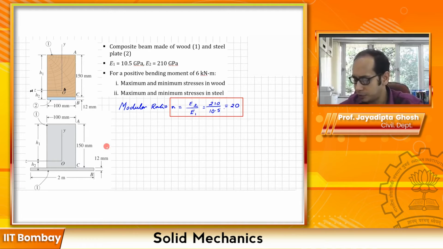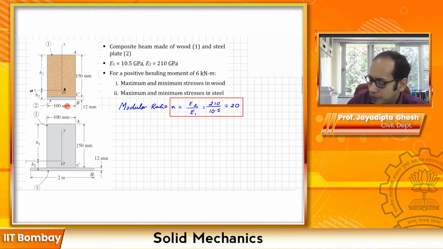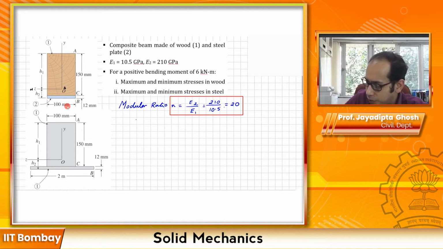So you see in the transformed section, the entirety is made of material 1. So here you had material 1, material 2, and I've converted material 2 to material 1. As you can tell, what was that initial width of 100 mm over here? So what was B initially? It now becomes n times B over here, because you're increasing the width.